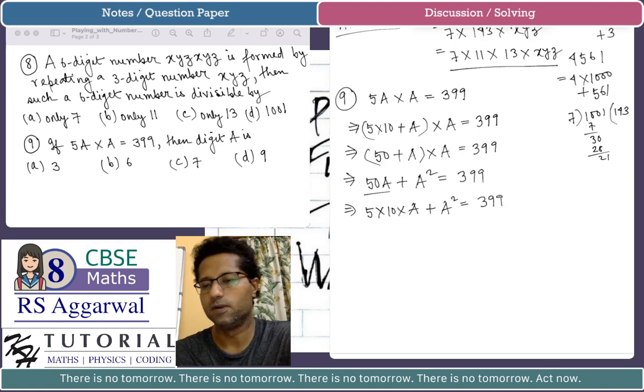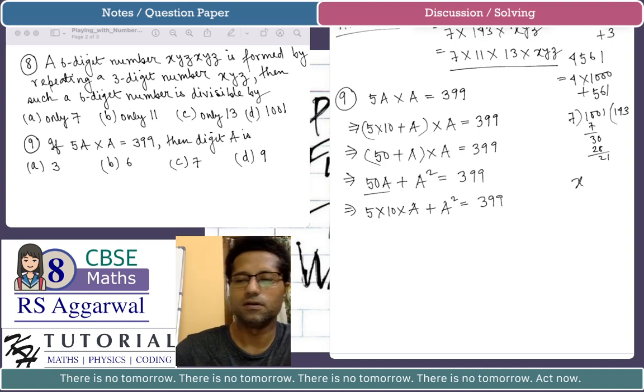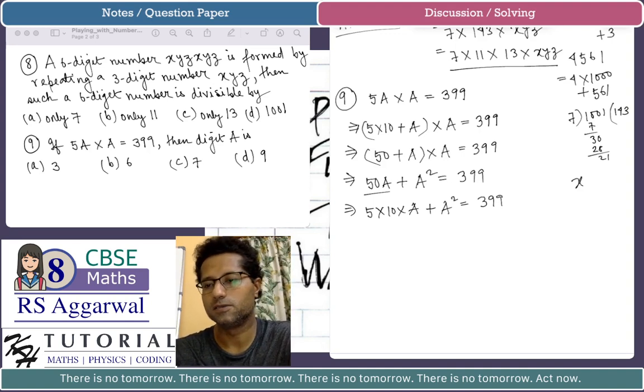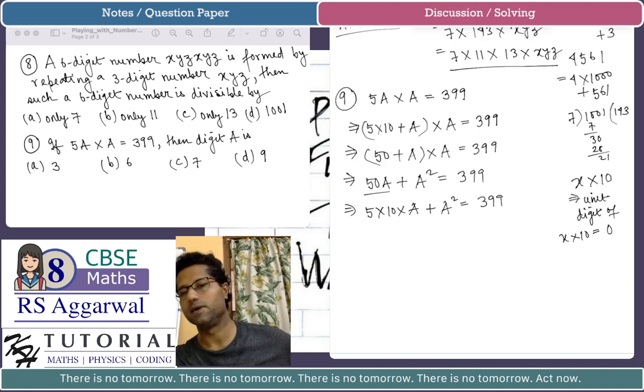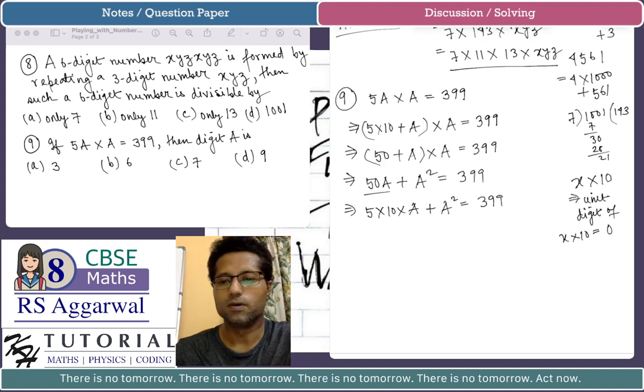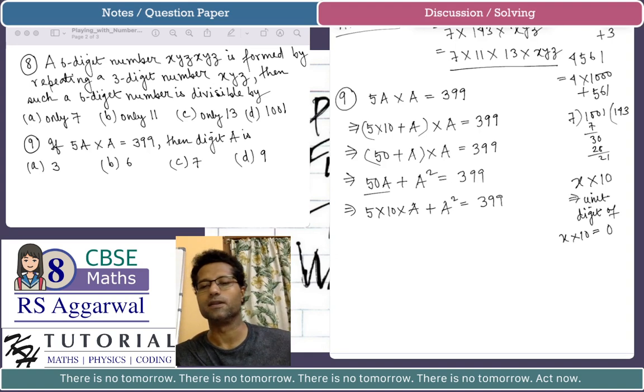Now, if you multiply a natural number x by 10, obviously the digit at the units place of x into 10 will always be equal to 0. If we multiply any natural number by 10, the digit at the units place is always 0. Okay, so we can see the given number on the right hand side is 399 and the digit at the units place is 9.